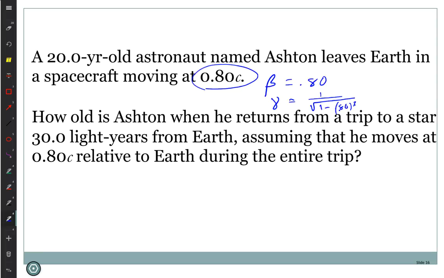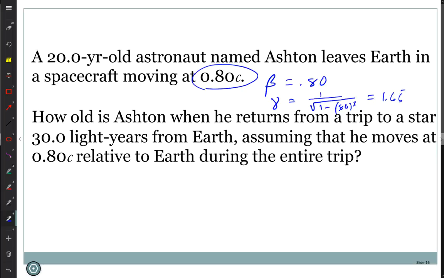Square root of 0.36 is 0.6. And so it's 1 over 0.6. So there's my gamma. I just calculate that off the bat because I know I'm going to use it.